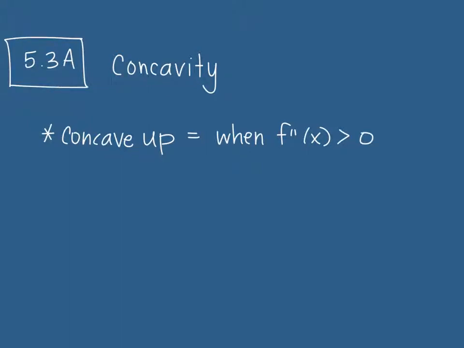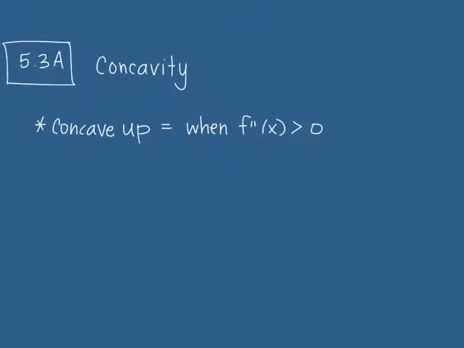Let me draw you the simplest concave up equation that exists, and that's a parabola. That is called concave up. You think it's almost like something that could hold water. Then we have concave down.